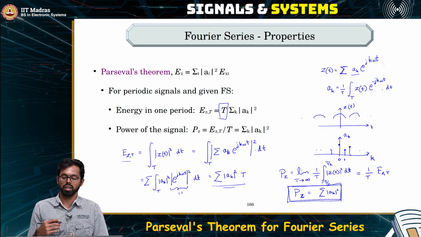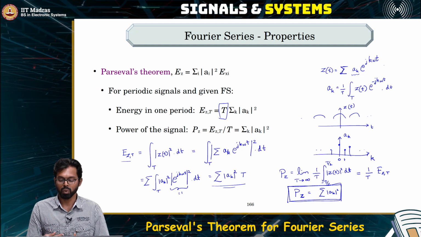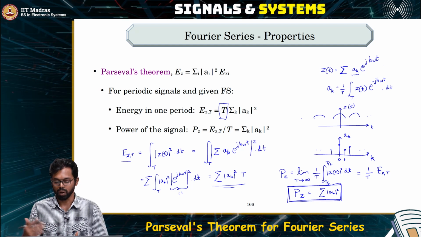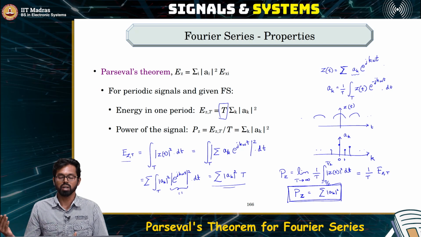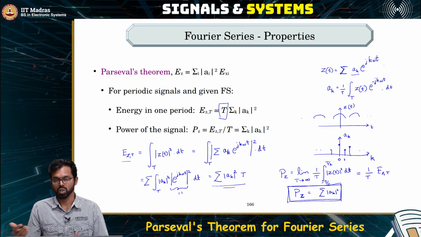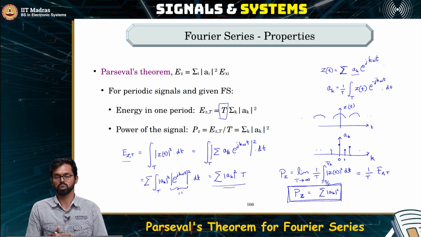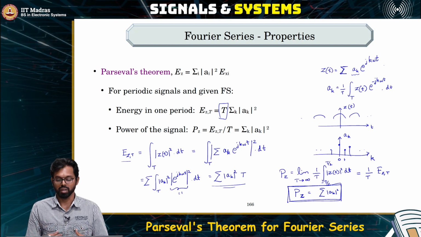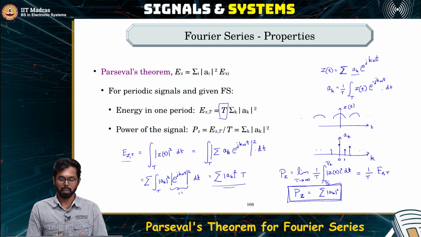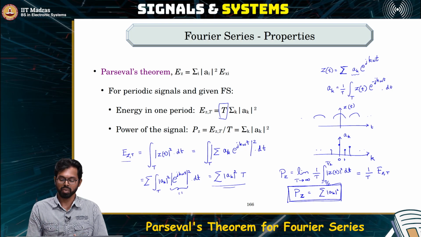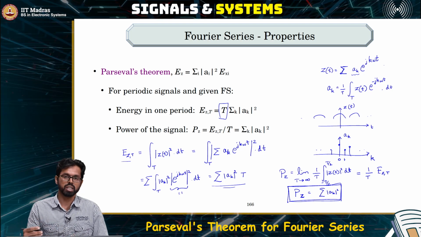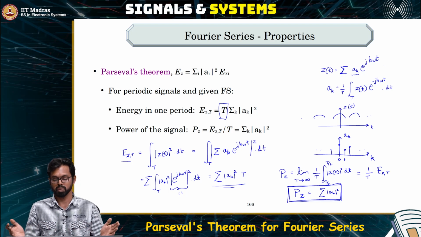So whatever we studied earlier about the properties of the power and energy of periodic signals and orthogonal signals helps us here to do this analysis. If I compute the power in the time domain, and I compute the power in the frequency domain or the Fourier series domain, I know that they have to be equal.